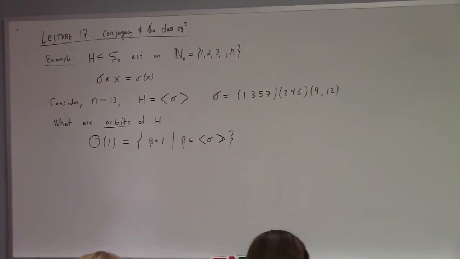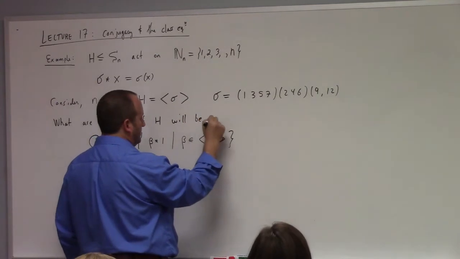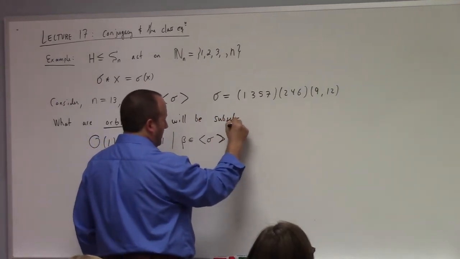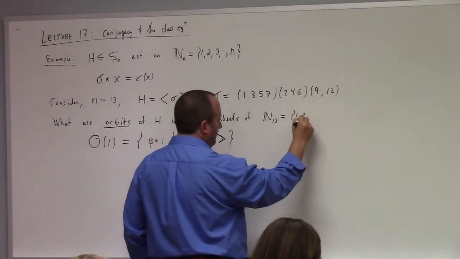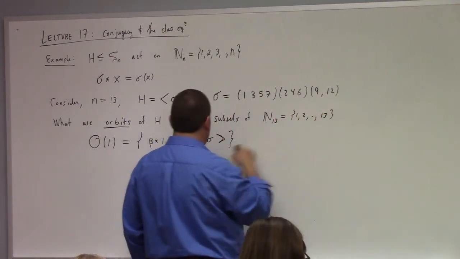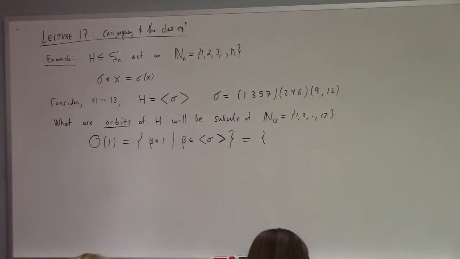So what's the orbit of 1? Can you guys tell me? These will be subsets of what? The numbers from 1 to 13, right? So which subset is this? What's the orbit of 1? What happens if you think about sigma or powers of sigma as they act on 1?